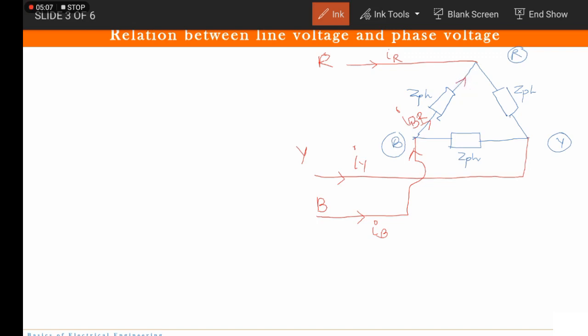Similarly, this IR is coming here and goes in this direction, and this current is IRY because it is starting from R and ending at Y. Similarly, this current is IYB.